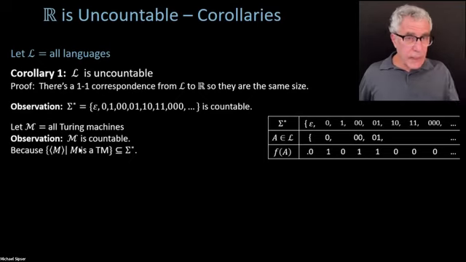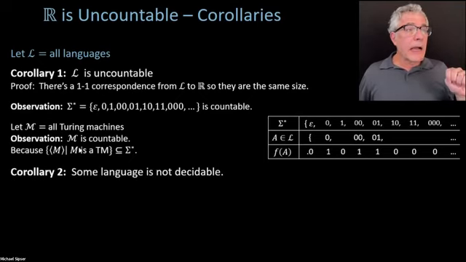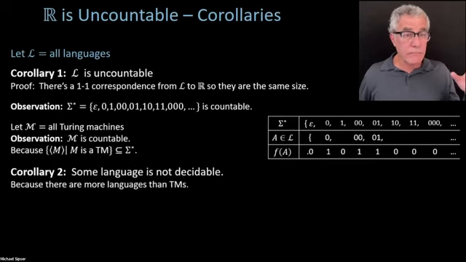Anyway, I think it's worth remembering that the collection of all Turing machines is countable, whereas the collection of all languages is uncountable. And that tells you right there that some language is not decidable, because there are more languages than Turing machines.